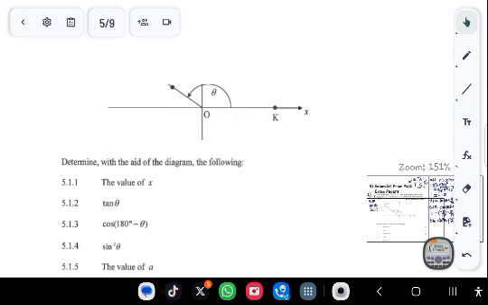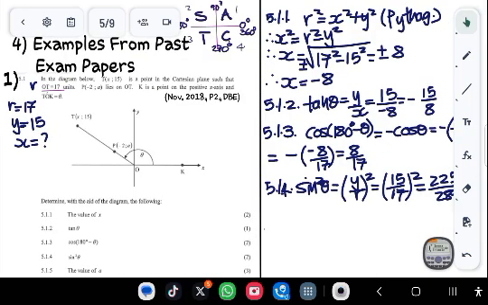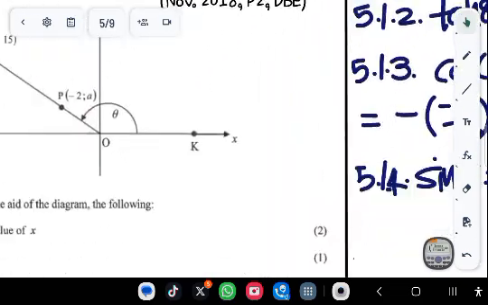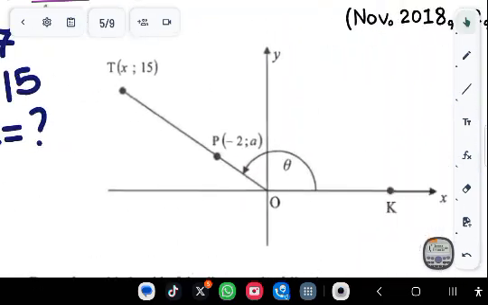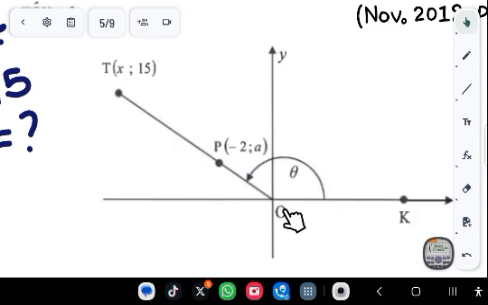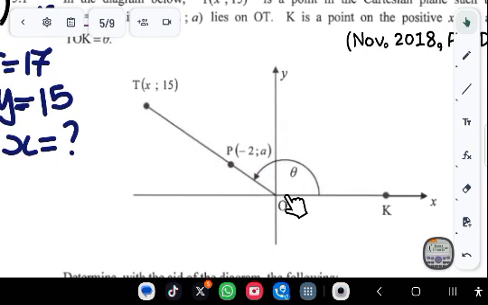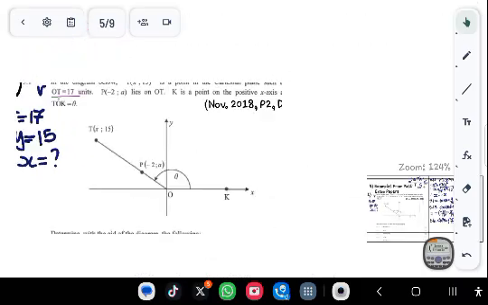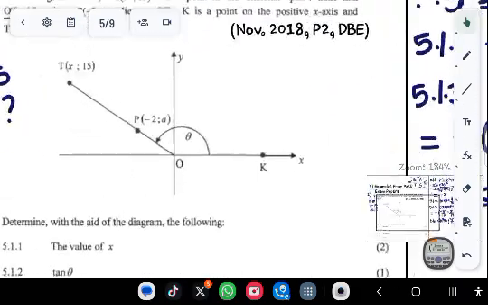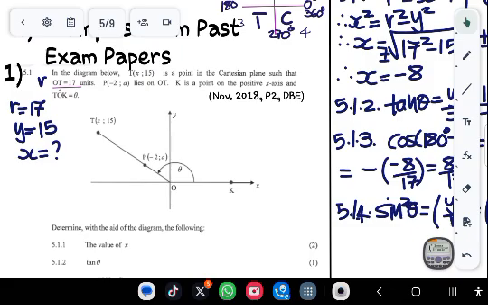Next one, the last one in this question is 5.1.5. It goes, find the value of a. Now the value of a is easy to figure out because notice that a is on the same hypotenuse. So whatever hypotenuse information you have for the T point also applies to the P point. What do I mean? We've got the x, we've got the y, we've got the r.